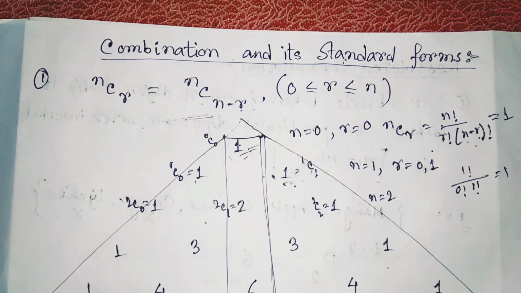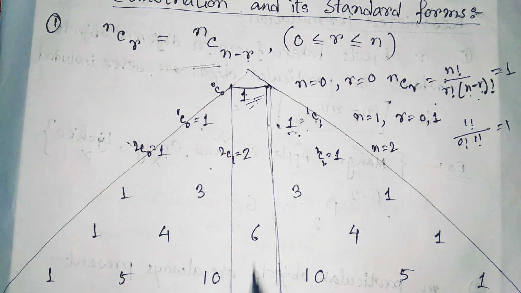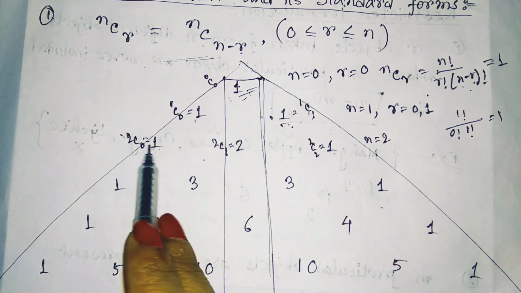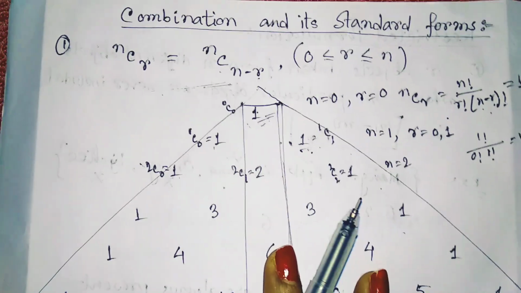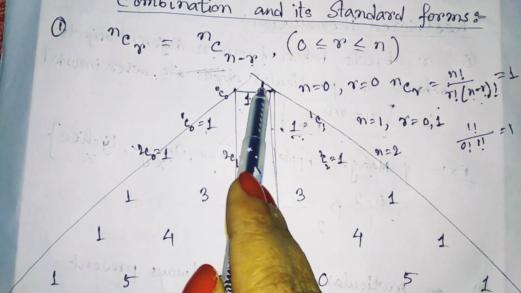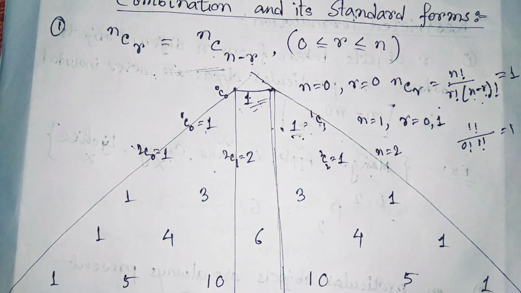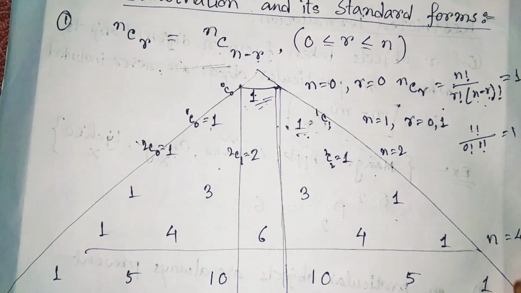One more thing is very important to observe: if you take this one as the mirror, then the corresponding distant elements are the same. That's why we can say nCr is equal to nC(n minus r). For example, if we consider this one, here n is equal to 4.